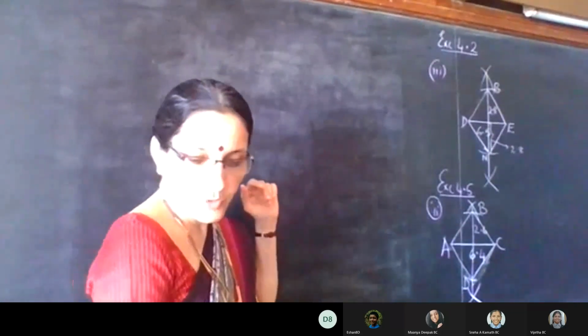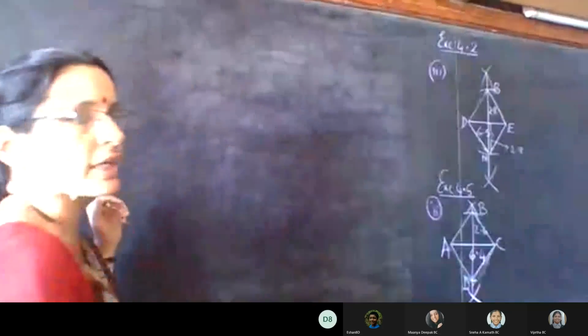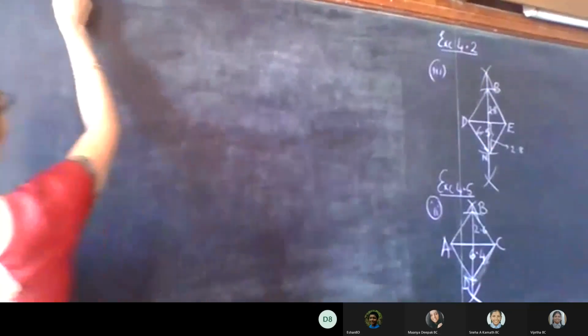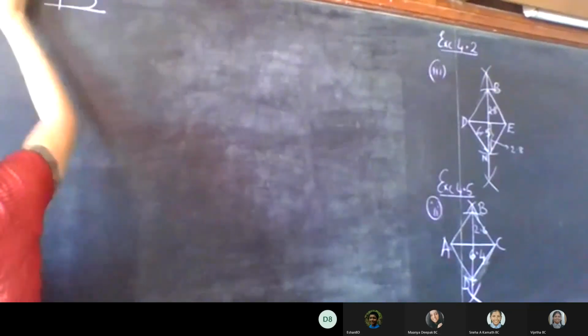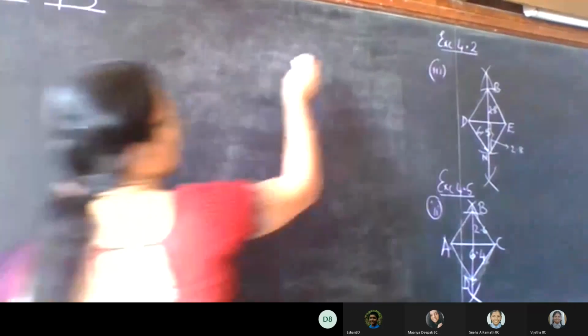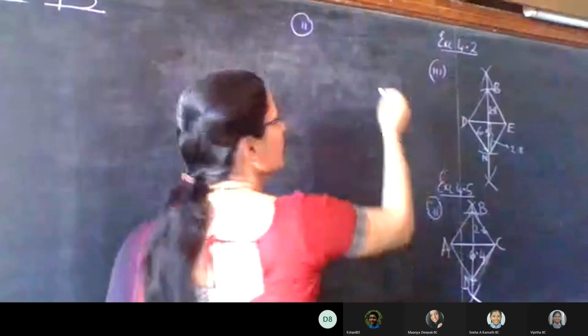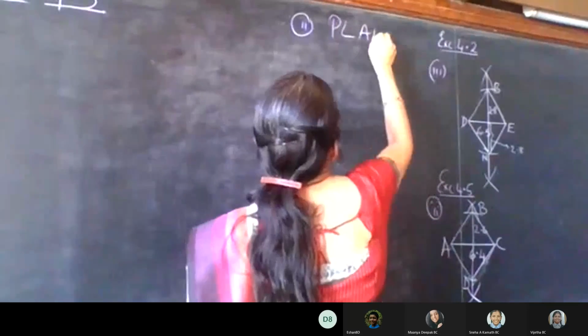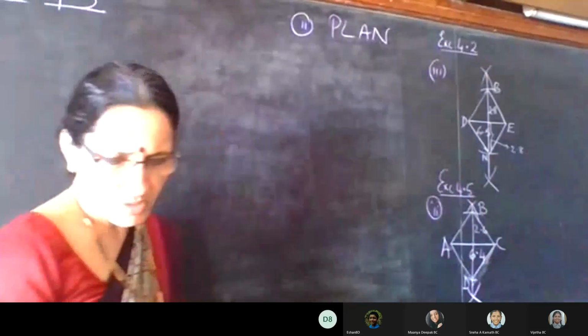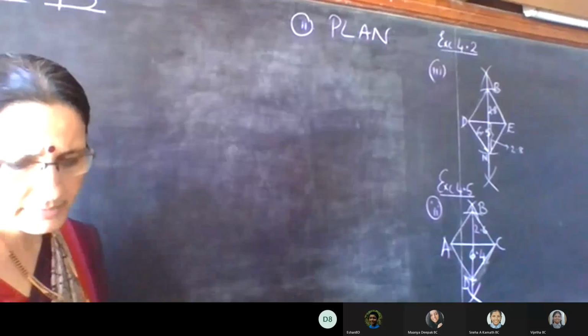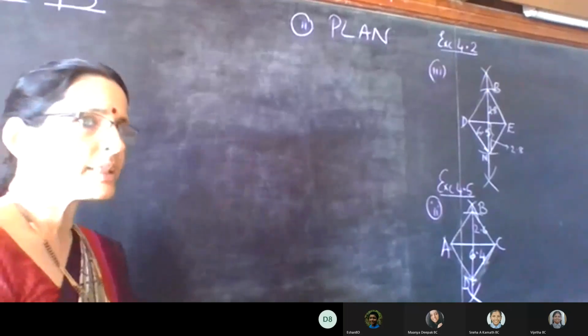So now 4.3 second one, I am drawing rough diagram. Second one, it is plan. Name of that is plan. Can you see three angles there? Three angles are there.